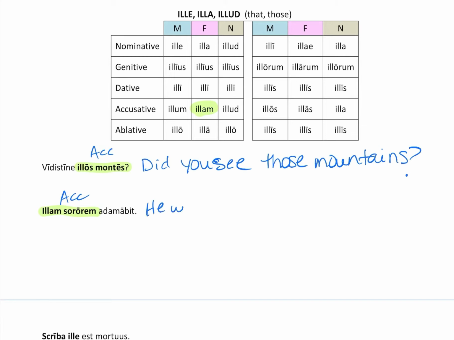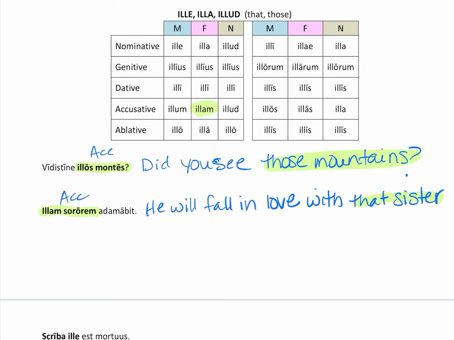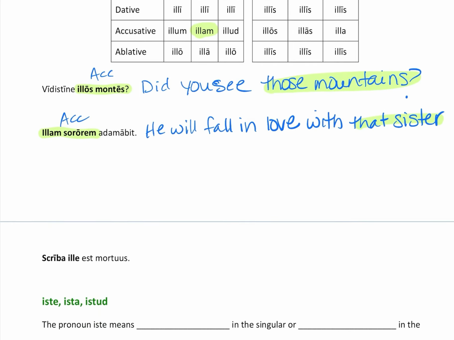He will fall in love with that sister. He will fall in love with, there's your verb, with that sister. Right? It's the victim of being fallen in love with, so it's the accusative. Same here. Did you see those mountains? It's the accusative.